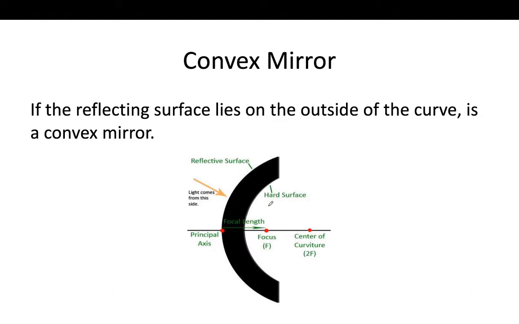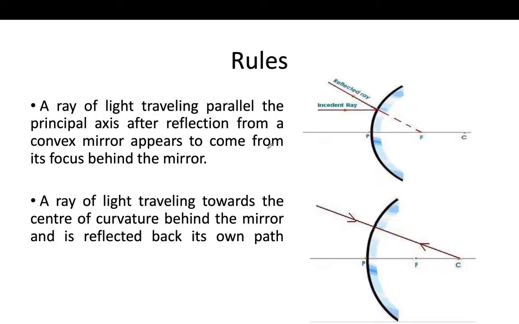Here the inside surface is hard, but the outside surface is the reflecting surface. Now we study the rules of this, as we studied the rules of the concave mirror. The first rule is that a ray of light traveling parallel to the principal axis, after reflection from the convex mirror, appears to come from its focus behind the mirror.